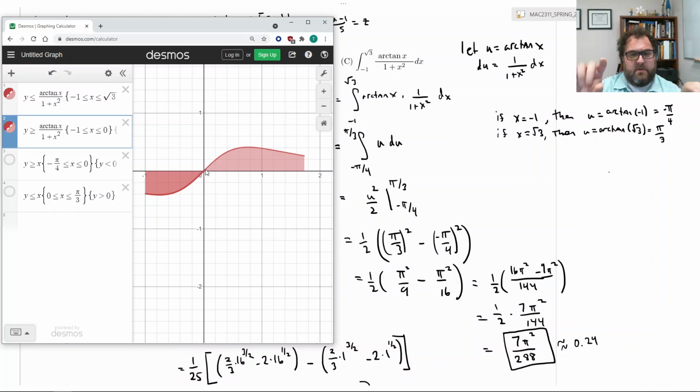It looks like this region up to +1 is going to cancel itself out. They look identical. This looks like it's going to be odd. And then what's left over is just this little region over here, which I think has a net area of about 0.24.